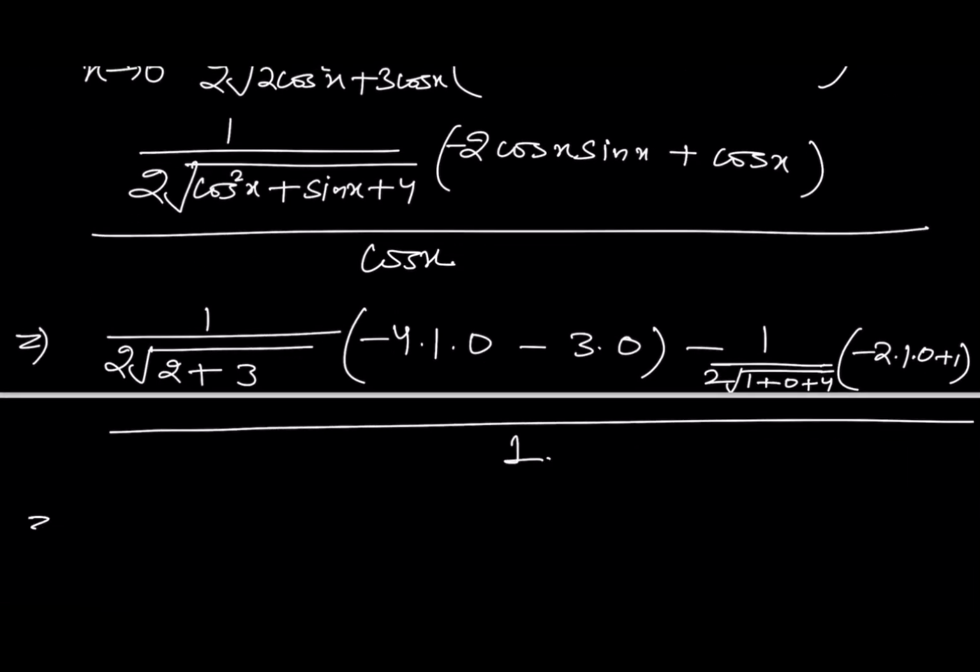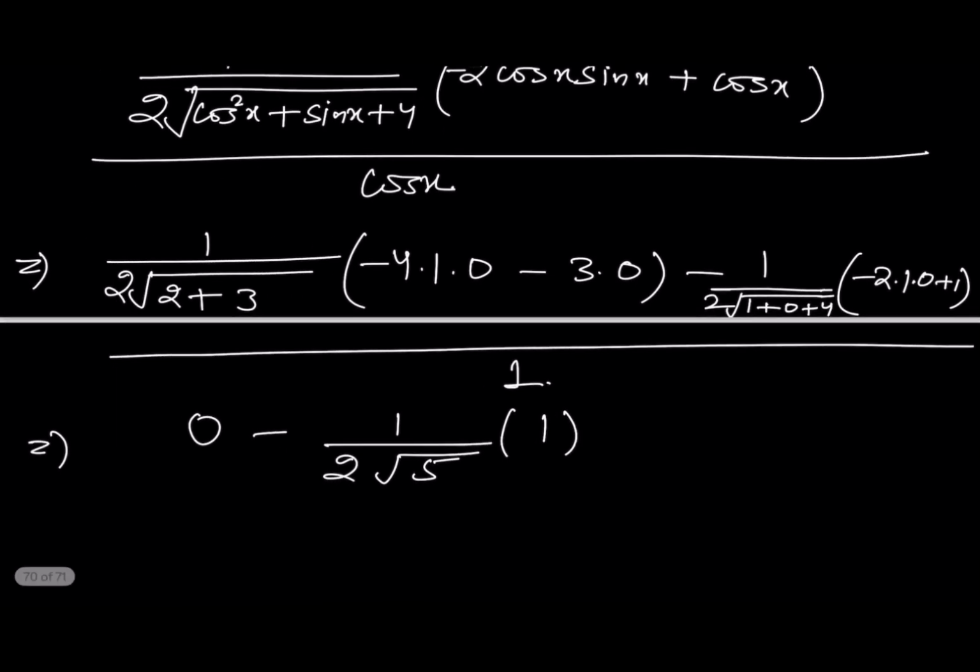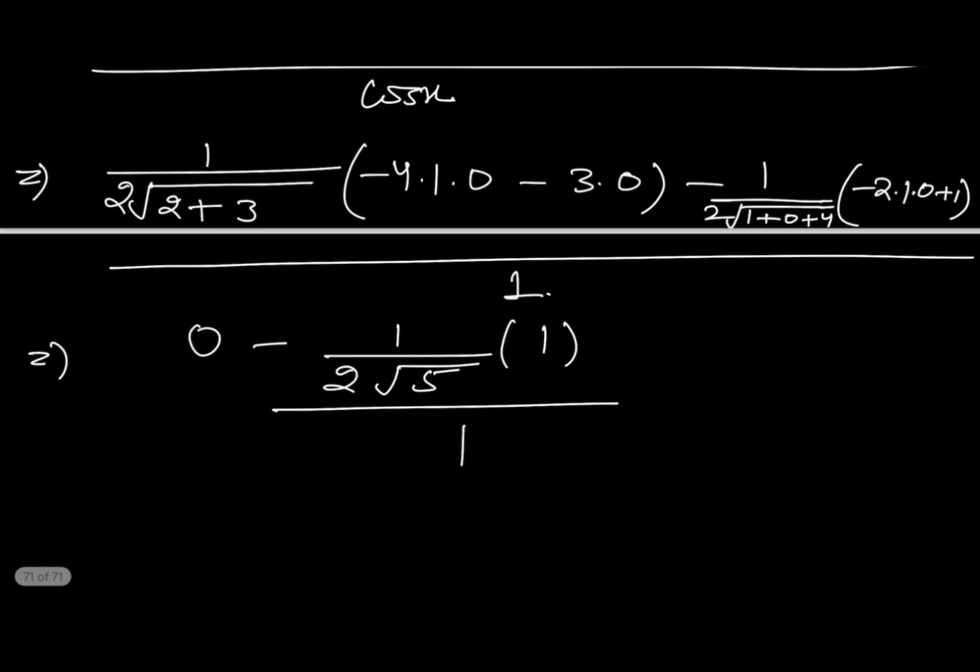So the first term will become 0, minus 1 upon 2 root 5 into 0 plus 1, which is 1 upon 1. So the final answer is minus 1 upon 2 root 5, which is the required limit.